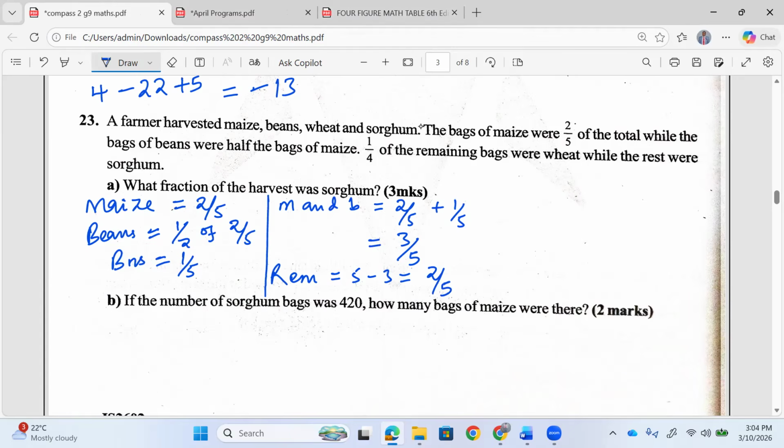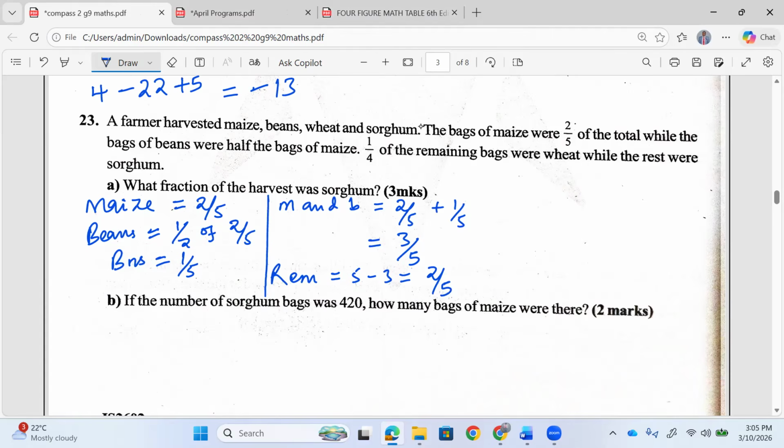2 over 5 proportions. You see, if maize and beans take 3 out of 5 together, then it means this has been divided into 5 proportions, 3 of them going to beans and maize, meaning that the remaining is only 2, because 3 over 5 has already gone to maize and beans.